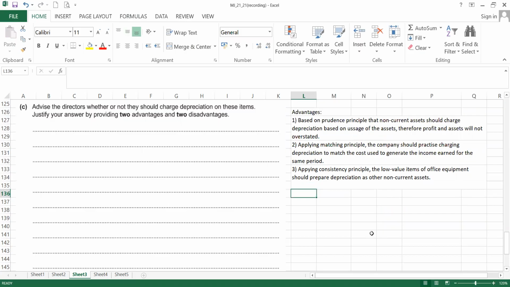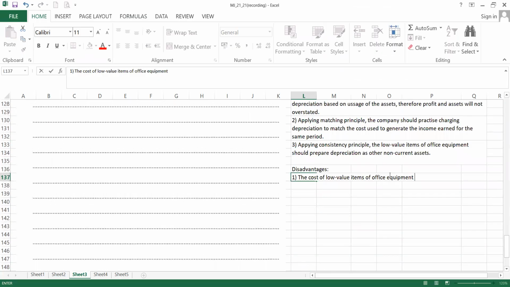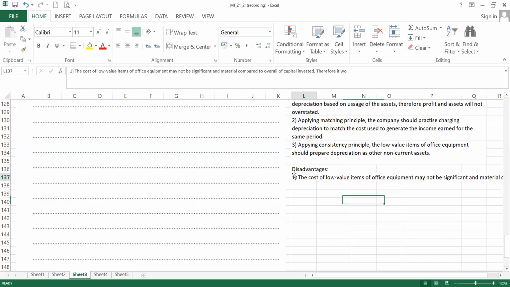So next is the disadvantages. So number one is the cost of low value items of office equipment may not be significant or material compared to the overall capital invested.